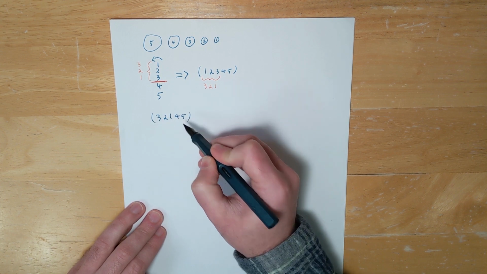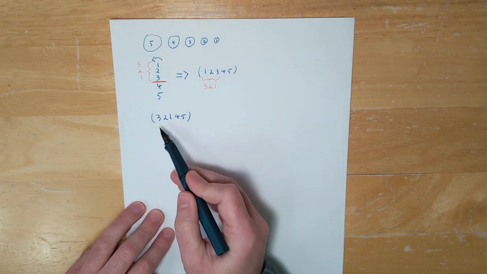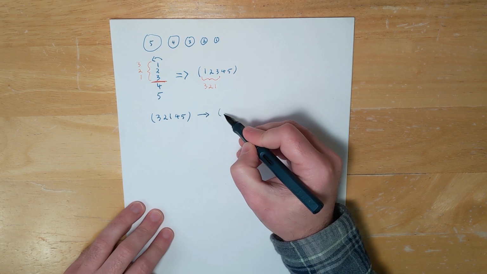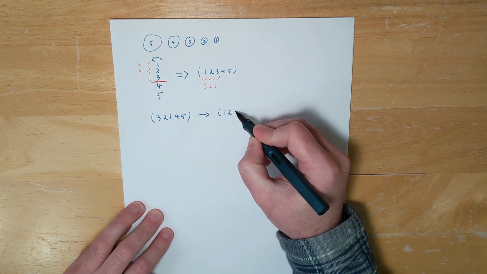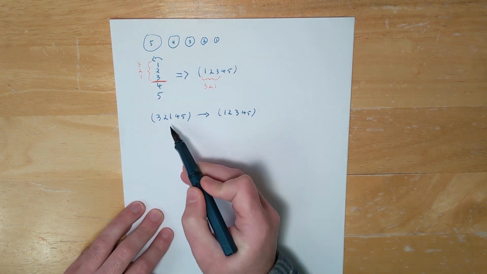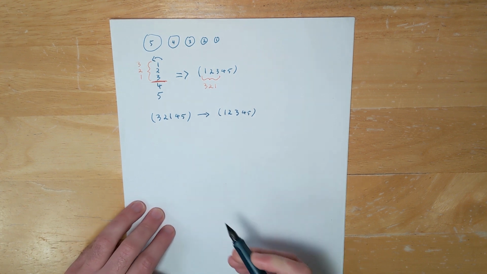So let's say that I had my stack of pancakes look like this. If I were to flip the prefix of 3, 2, 1 in this stack, that would transform that to my sorted sequence 1, 2, 3, 4, 5. So this stack can definitely be sorted in just a single flip.